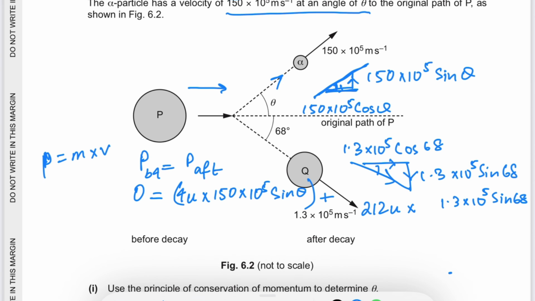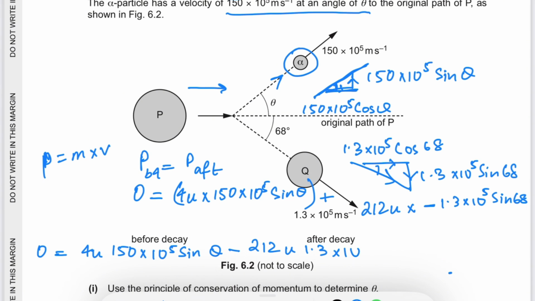Now, because this velocity is in the opposite direction to the velocity of the alpha particle, this is going to be negative. Remember, velocity is a vector quantity. So in other words, 0 will be equated to 4u times 150 times 10 raised to 5 sine theta minus 212 units multiplied by the mass multiplied by the velocity.